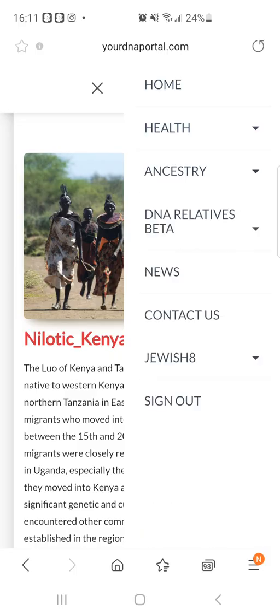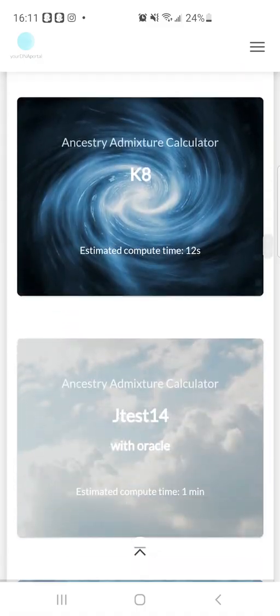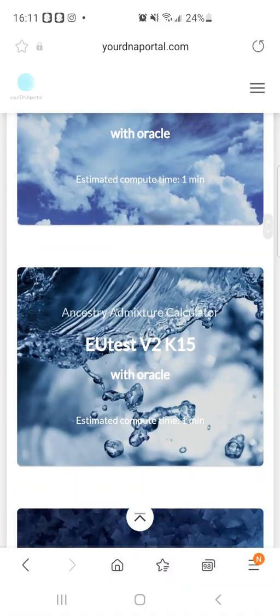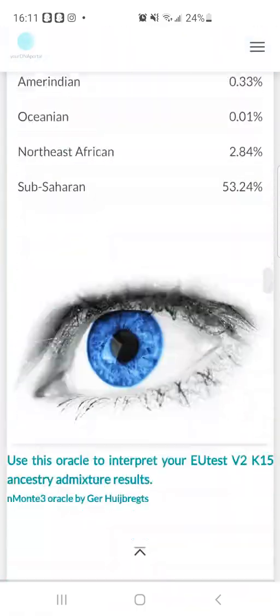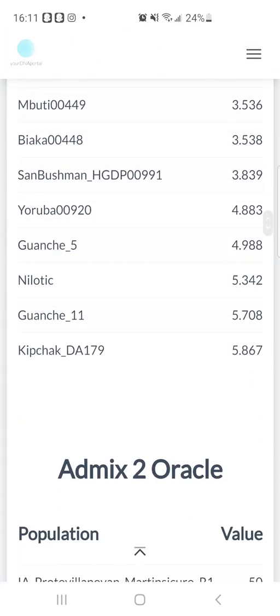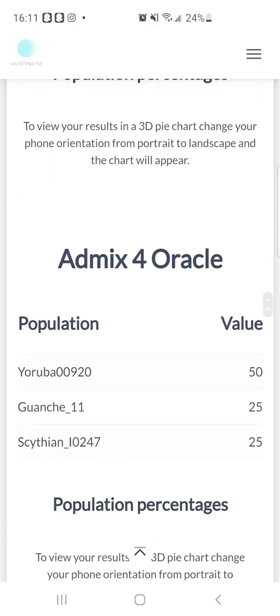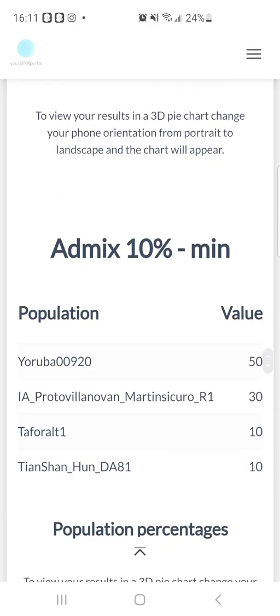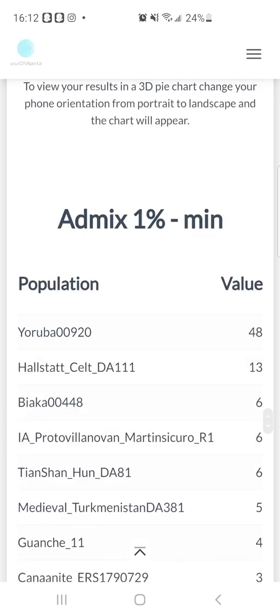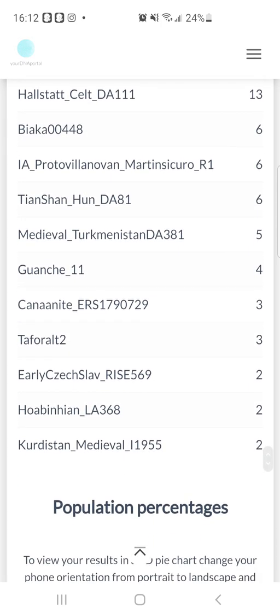So just for that, we're going to go to my K15, and we're going to go to the ancient, and what you see. Okay, so you see, guys, there Ganshi, Taforalt. Ganshi, Guanche, Taforalt.